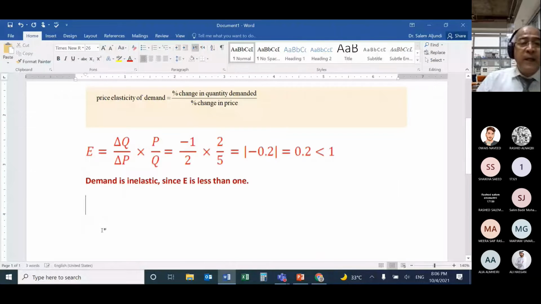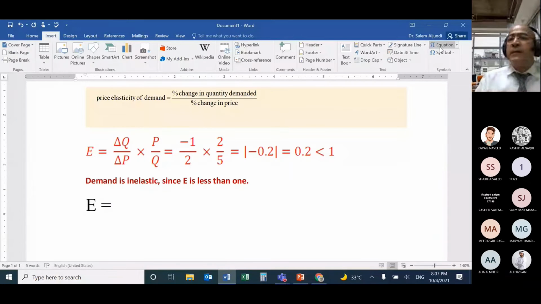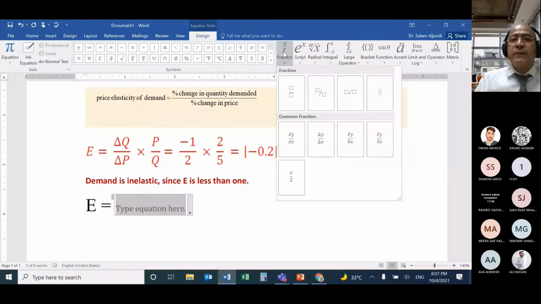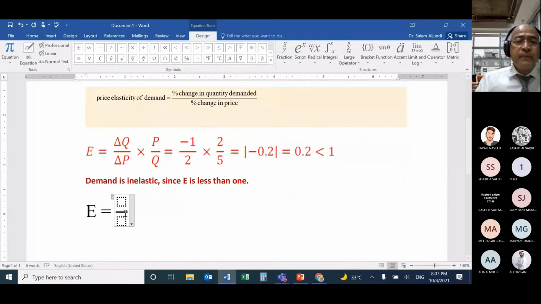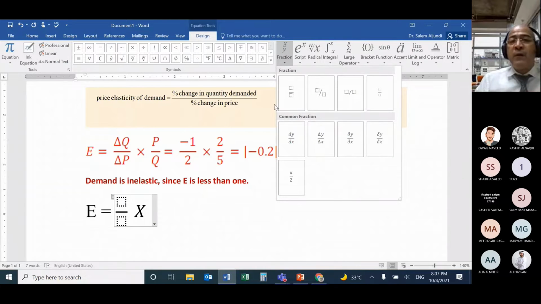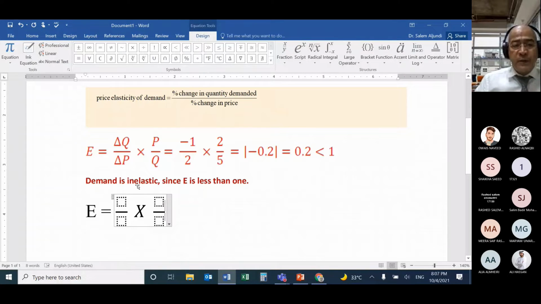So this is the elasticity equals, let me insert an equation, and here let me put times, and again this. So I will write similar to this.